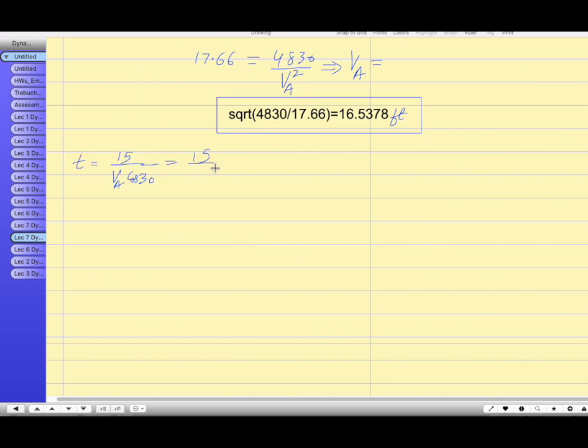Now you can open your calculators to do the math. Please open. So let me do my math here. 15 divided by 16.4 times cosine 30. So what happened?